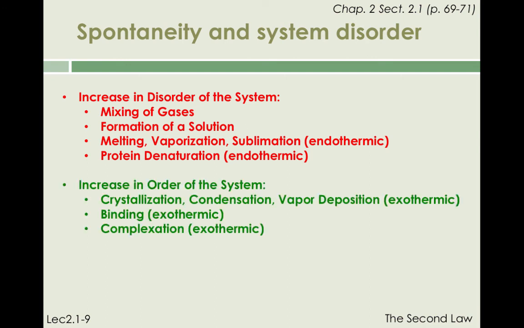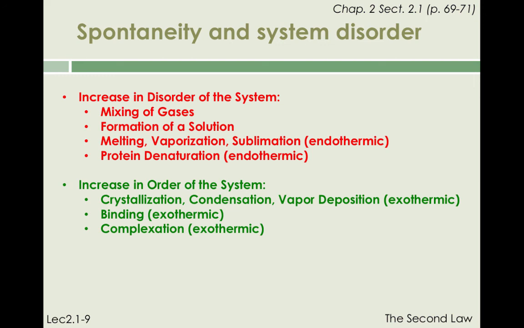However, there are equal numbers of molecular level processes that are spontaneous and exhibit an increase in order. For example, crystallization, condensation, and vapor deposition are examples of exothermic phase transitions which lead to an increase in the order of the system and can, under the proper conditions, be spontaneous.